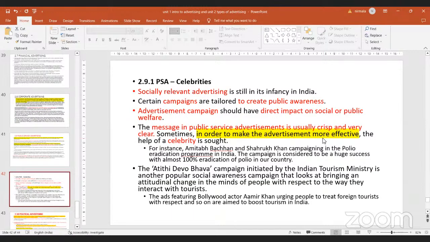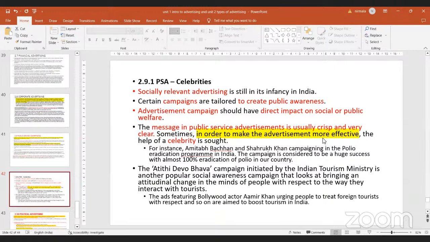For example, the Pulse Polio campaign, even at present, Amitabh Bachchan is promoting administering polio drops to infants or those below the 5 years age group.